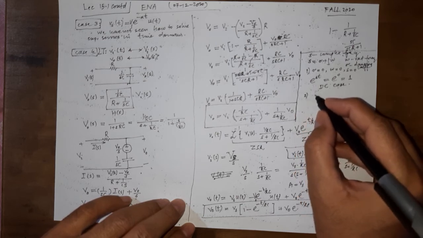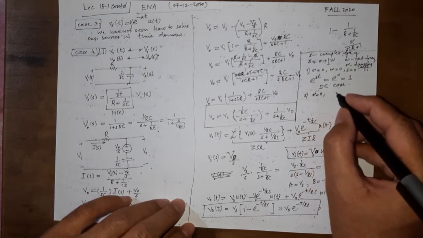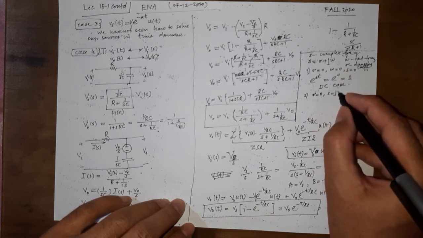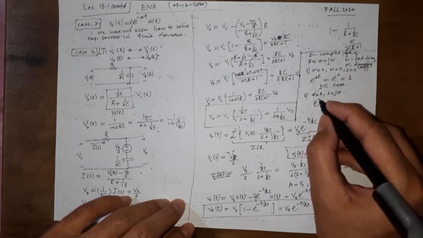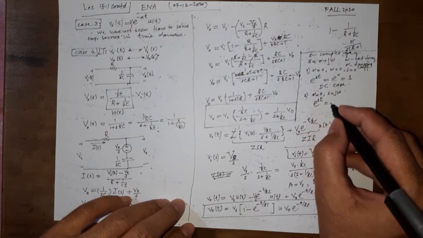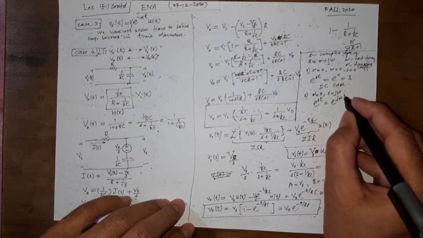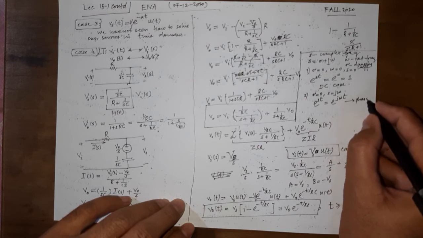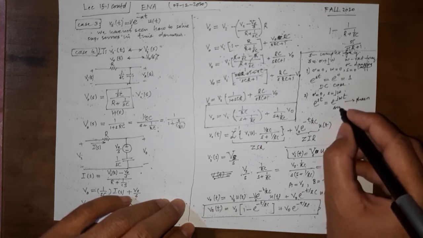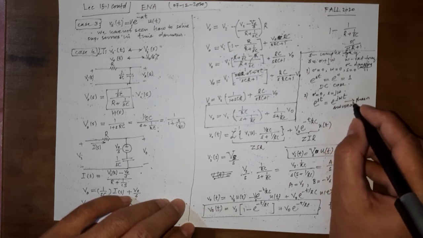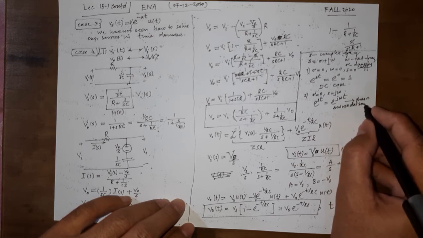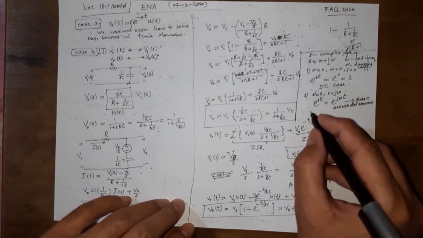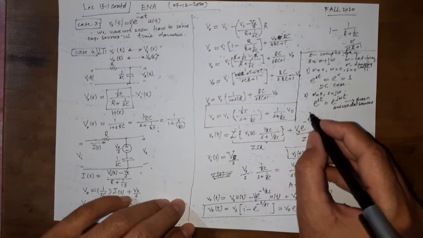Now if you look at this, and if sigma is 0 and omega is not, so S is equal to j omega. Look at this thing, e raised to power st now represents e raised to power j omega t, which is the case of the phasor, or which represents the sinusoidal sources. So that is how Laplace transform covers everything.